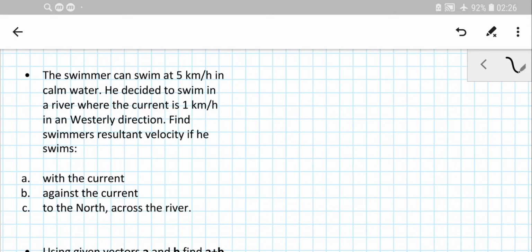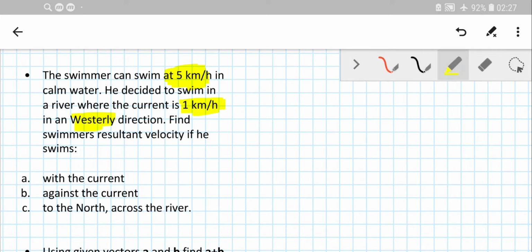But actually here we are going to prove it using addition of vectors. So we have the swimmer, whose velocity in calm water is 5 kilometers per hour. He decided to swim in a river where the current is 1 kilometer per hour in a westerly direction. So the key value here is 1 kilometer per hour, the velocity of the river, towards the west.